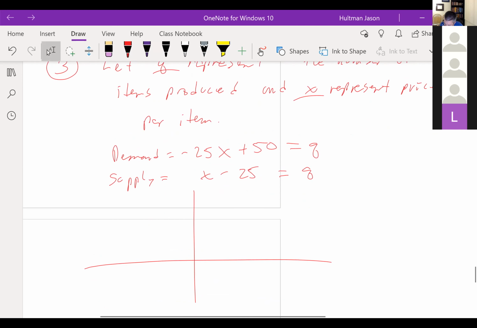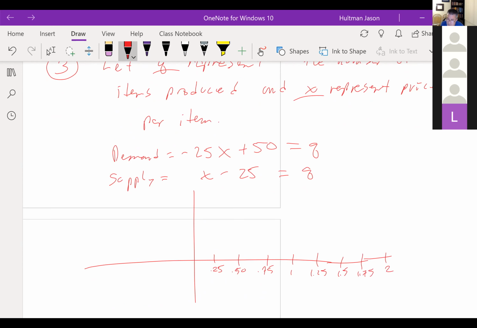Okay. So at $2, okay, that's too high. So let's do $2 here. Let's go up in 25-cent increments. 0.25, 0.50, 0.75, 1, 1.25, 1.5, 1.75, and 2.